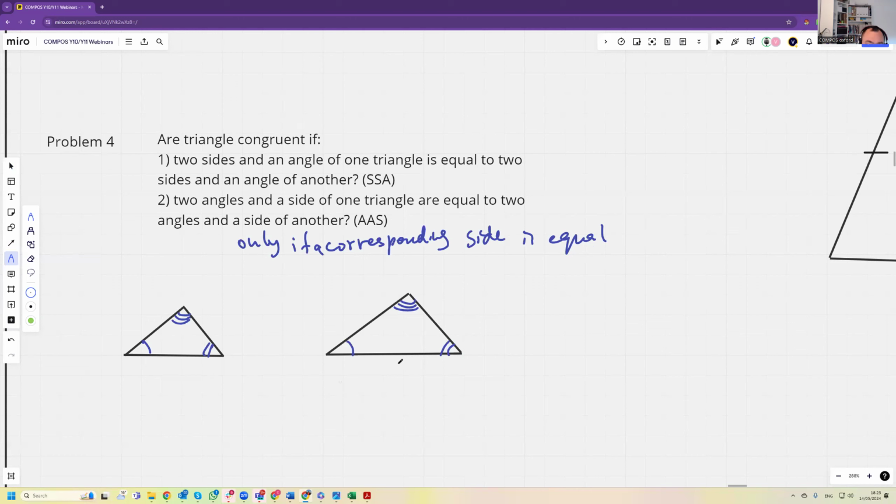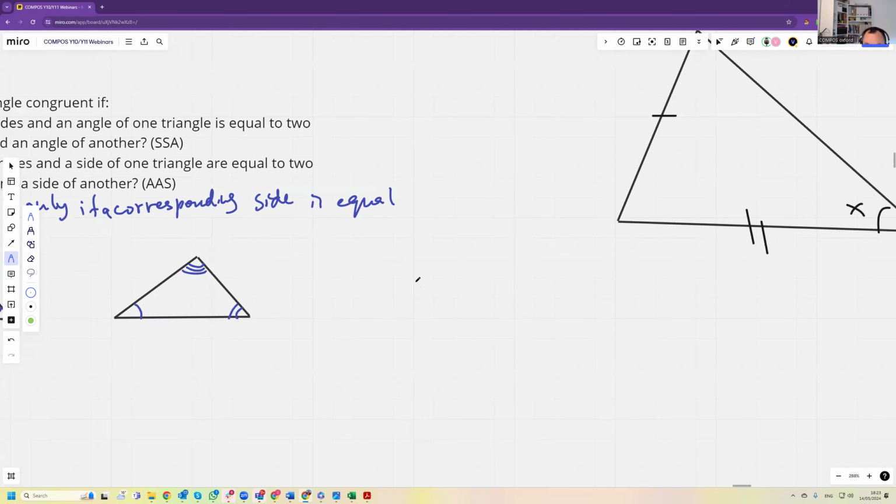Because let's see, I'll give you an example. You have two triangles. 3, 4, and 5.